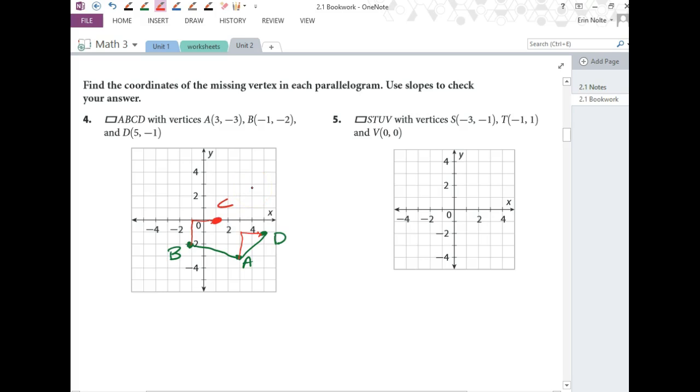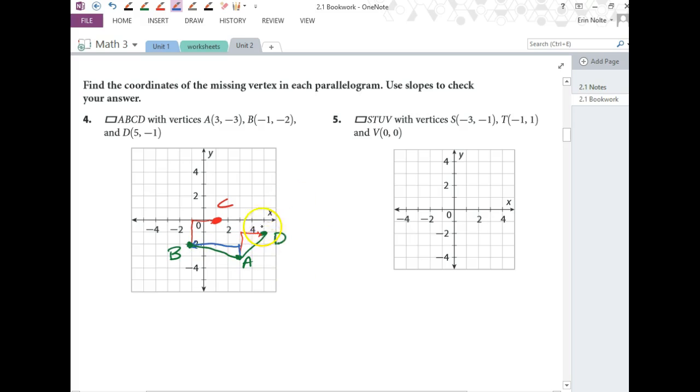Is everybody okay with how we got to that spot? Okay, how else could we have done that? Okay, so we could have gone from B to A, so, well, actually, we would probably want to go from A to B, right? So you'd have to go up 1, and 1, 2, 3, 4 to the left 4.